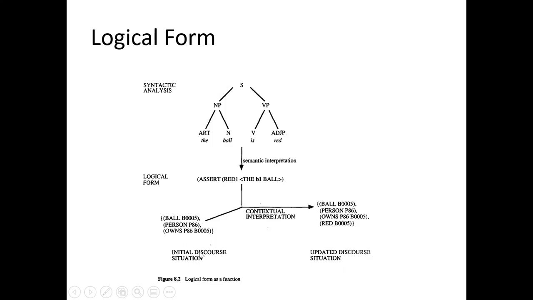This is the initial discourse situation where you have a ball, a person, and who owns it. But then we have added one more piece of information, that is the color of the ball. So the red ball the person is owning. So this is like an updated discourse situation.